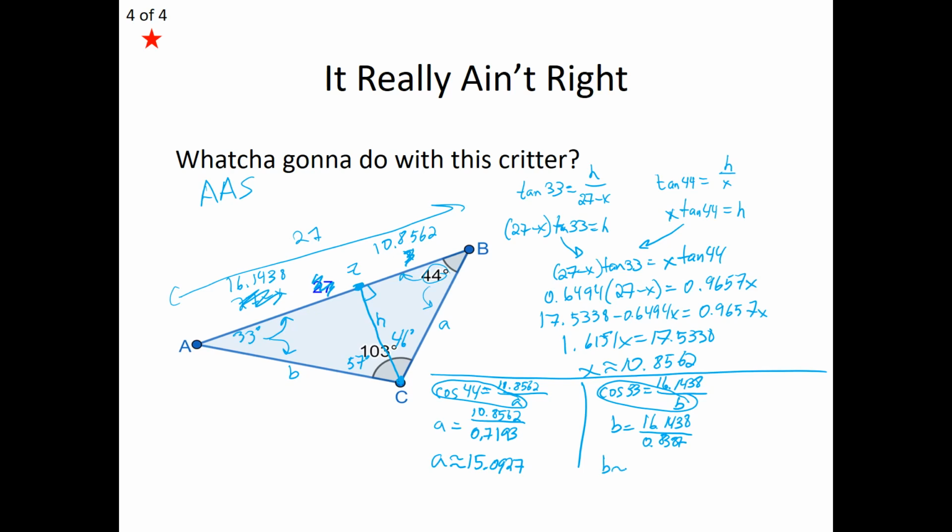Divide that out, we get a side measure of B roughly to be 19.2486. And there we have it, folks.